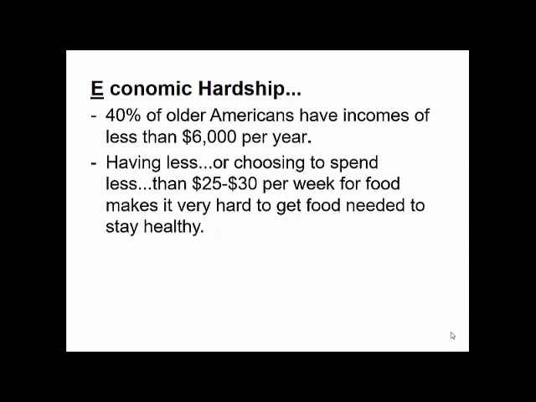40% of older Americans, and 60% of people in the whole world, have incomes of less than $6,000 per year, so they have less ability to afford as good food as they should eat.